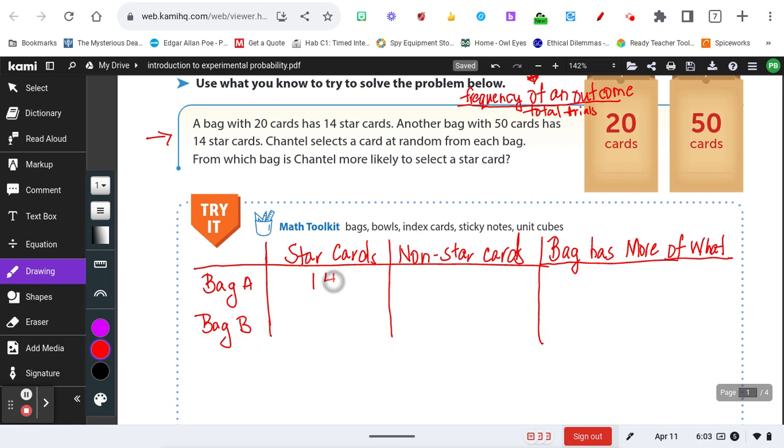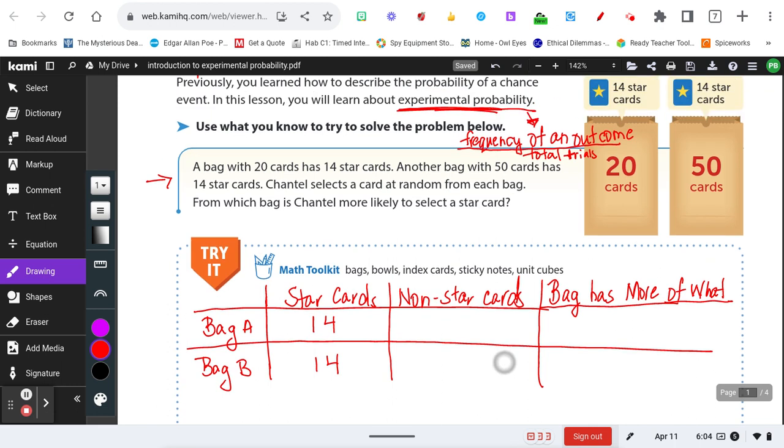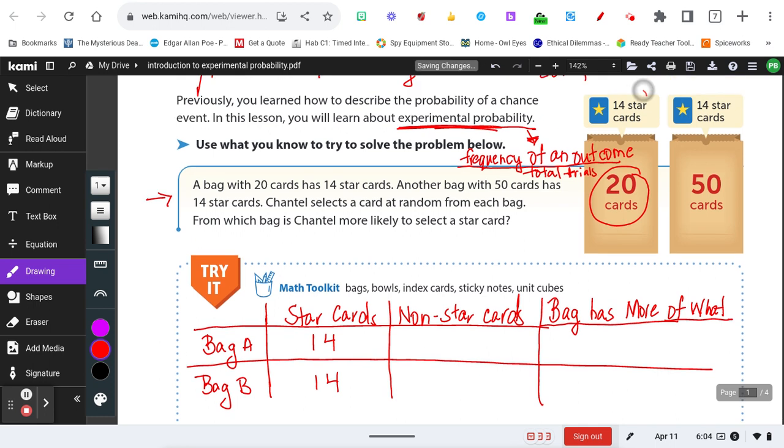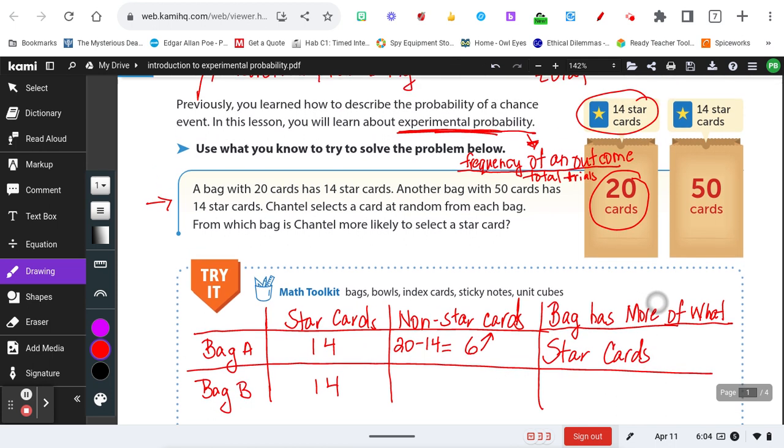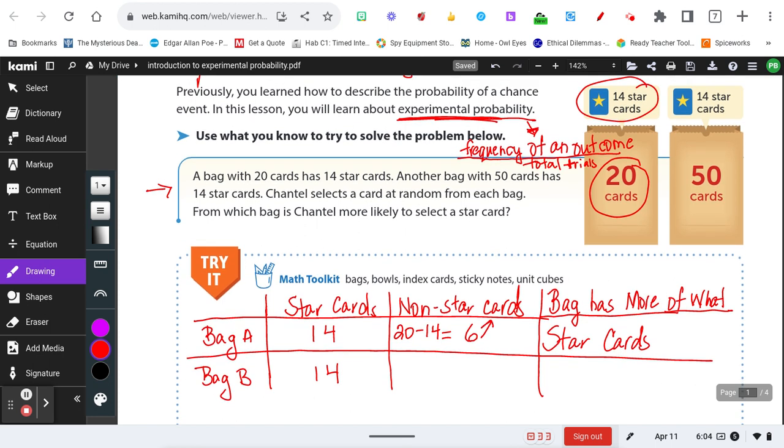So each bag has 14 star cards. Bag A has 14 star cards, but they only have 20 cards in all. If 14 of those are stars, how many are not stars? That would be 20 minus 14. That's 6 non-star cards, okay? So in other words, they have more star cards. Now, bag B, on the other hand, has 14 star cards.